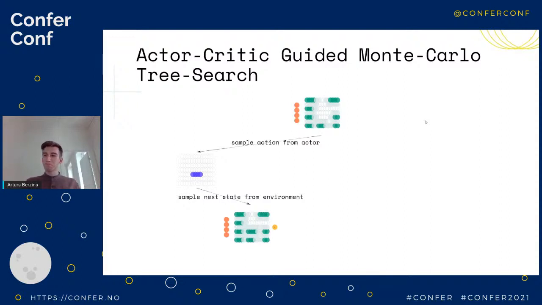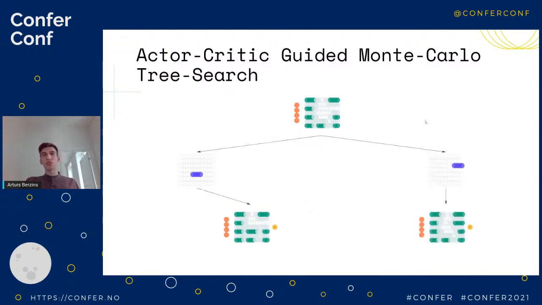That way, you don't get a large tree that you have to keep track of, but only use samples from the tree. And then you use the information from the tree to update your neural networks. So you go back and forth, and each improves the other.